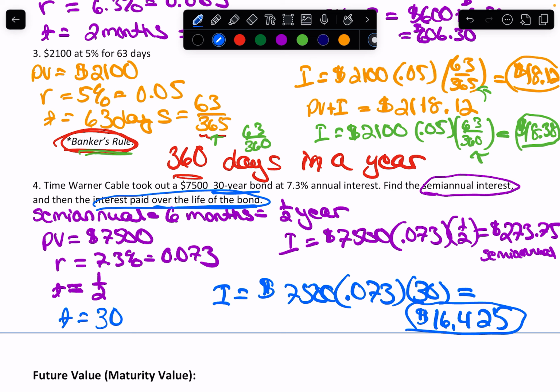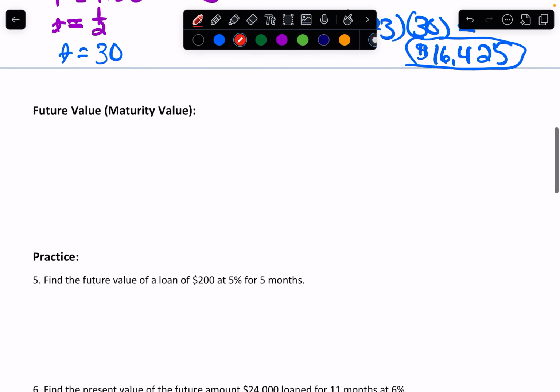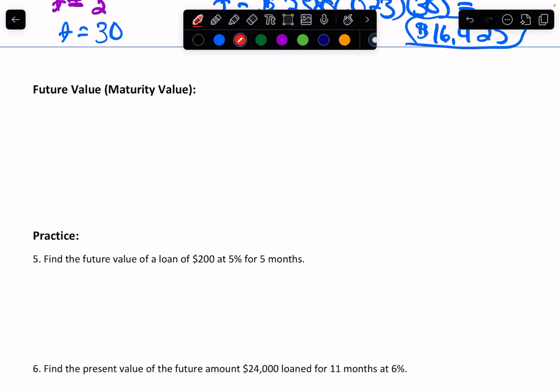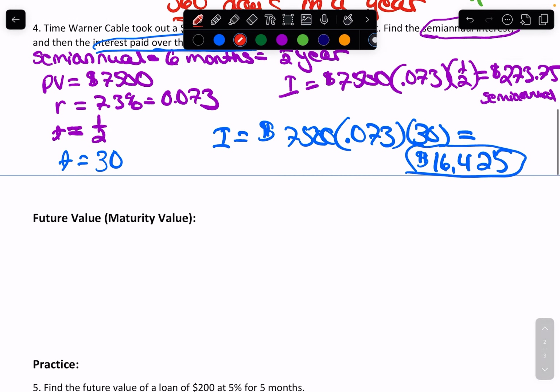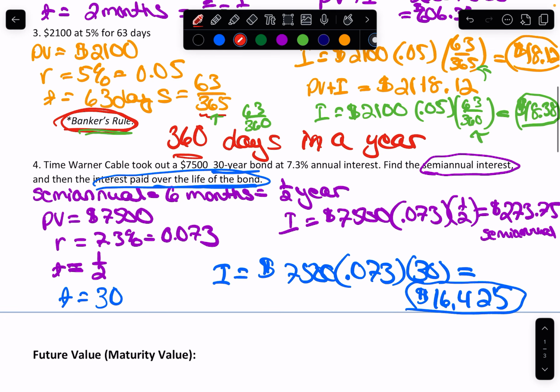Okay, next we're gonna look at the future value, which is also the maturity value. So what this is, and basically we already kind of did it here, where we did calculate the present value plus the interest.